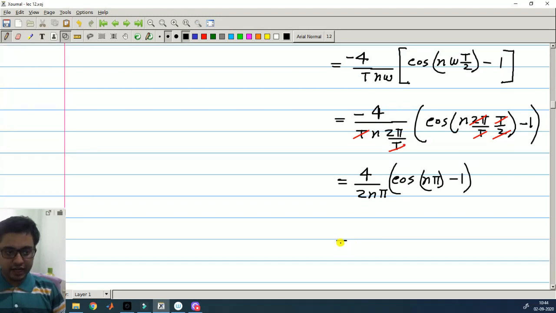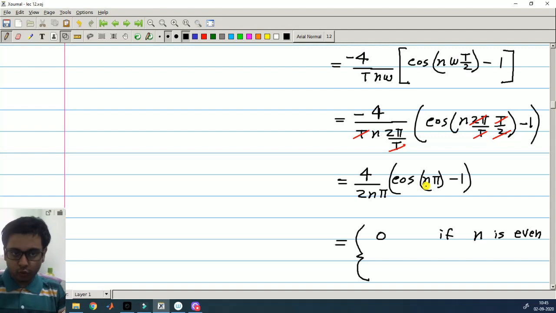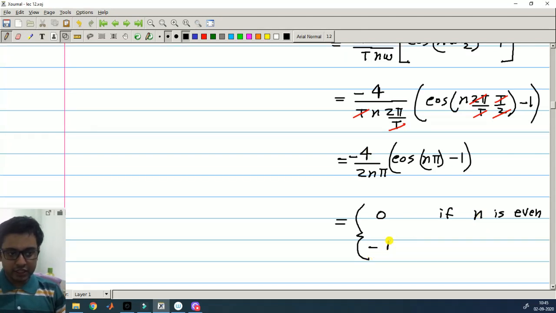Now this you can write as equal to 0 if n is even, 2, 4, 6, etc., because then this cosine n pi will be 1, and 1 minus 1 is 0. I missed this minus sign here. And if n is odd, then this will be equal to minus 4 by 2n pi, then cosine n pi will become minus 1 when n is odd, then minus 1 minus 1 is minus 2.